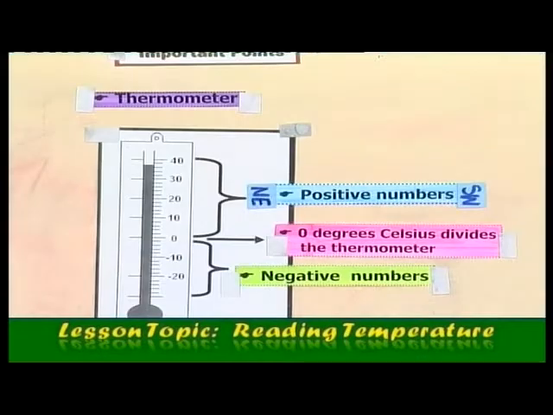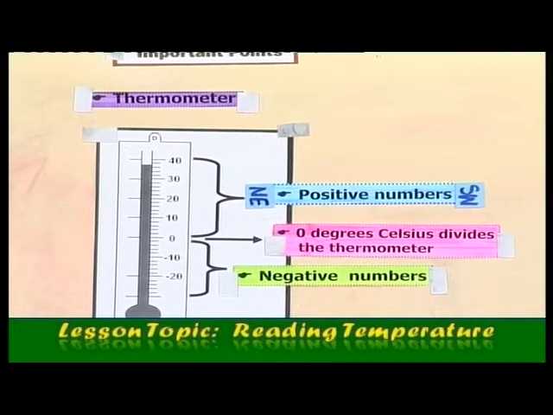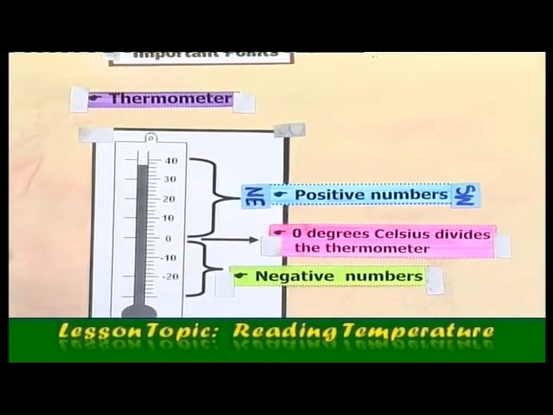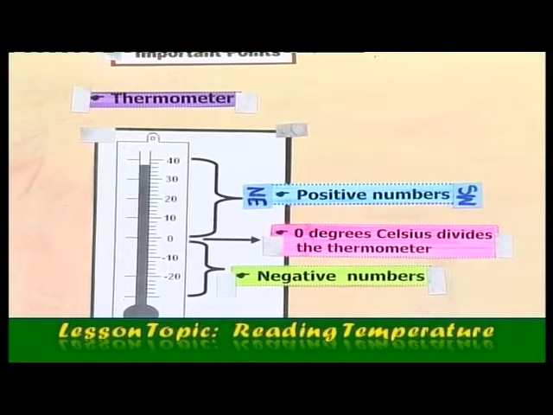When we are reading upwards in positive numbers, and we reach a temperature beyond 40 or 60, then it tells us that the temperature is very hot. So don't forget, these are some of the things we need to consider when we are trying to read temperature from a thermometer.